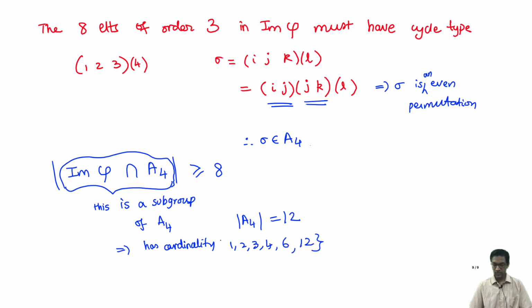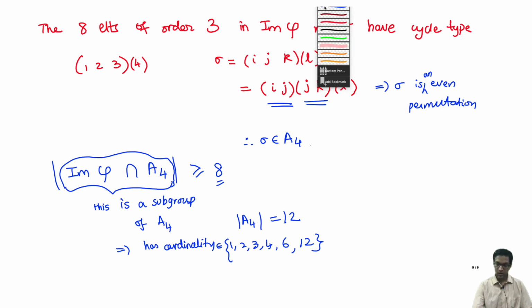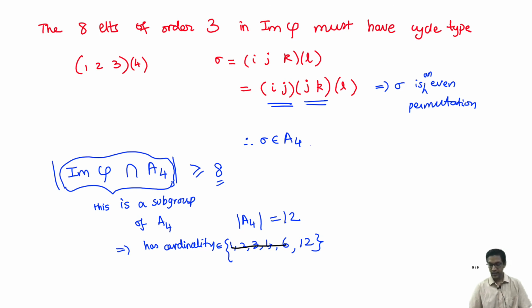These are the only possibilities. But we know it's at least 8 because of the previous argument, which means that all the other possibilities don't exist. None of these is possible. The cardinality has to be actually 12. This means that image phi intersection A4 has cardinality 12. In other words, it's equal to A4.